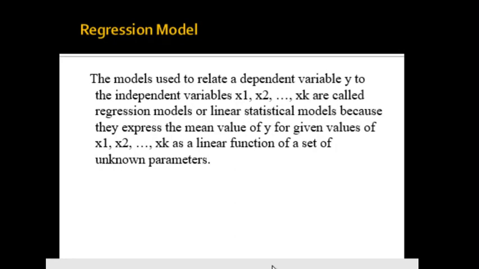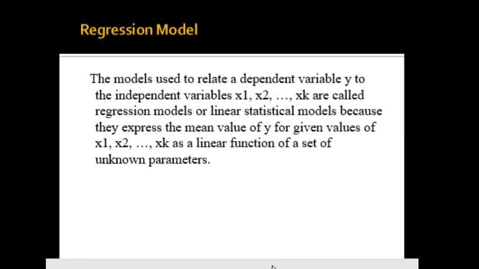So the models used to relate these dependent and independent variables are called regression models because they express the mean value of this variable y as a function of these independent variable x's.